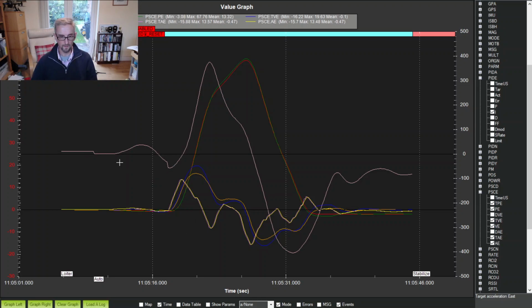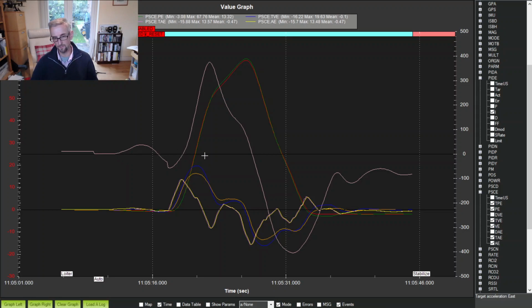What I should be able to observe is essentially no build-up in the I-term, because the error component of the lean angle is being directly applied by the position controller rather than requiring build-up of the I-term.